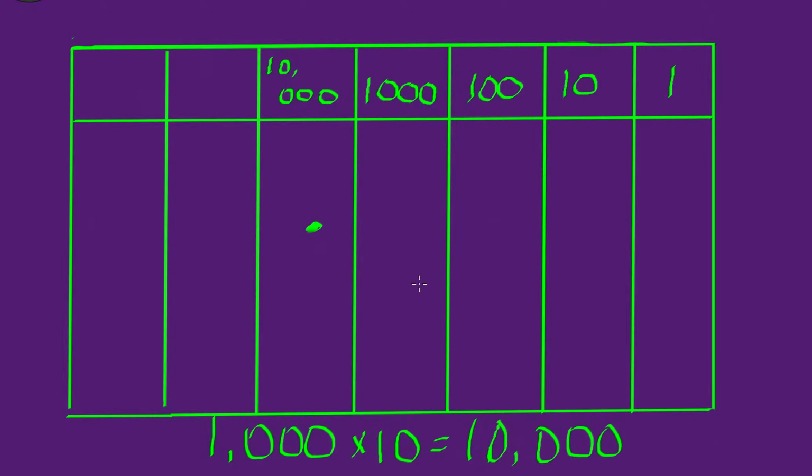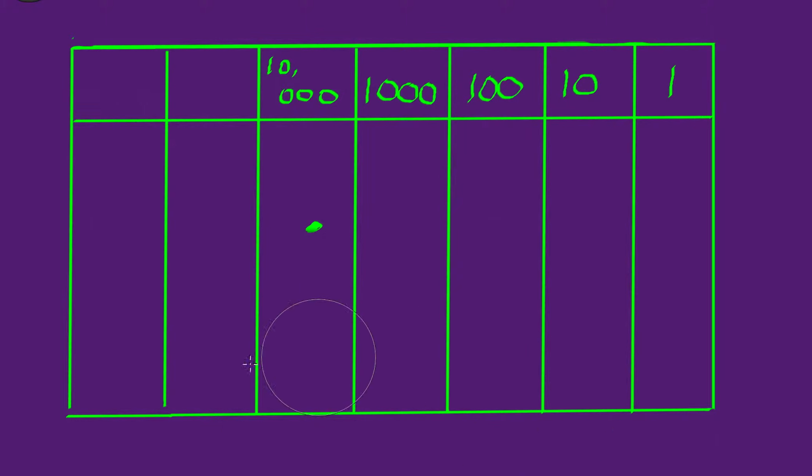All right, so let's erase this and this. Let's find out then, what's 10,000 times 10? That's going to tell me my next place. So 10,000 times 10. So that means I'm going to move to this place, which I don't know what it is right now. So I'm going to put 10 in the 10,000s place because I'm multiplying by 10. And 1 dot times 10 is 10 dots. So each dot here is worth 10,000.